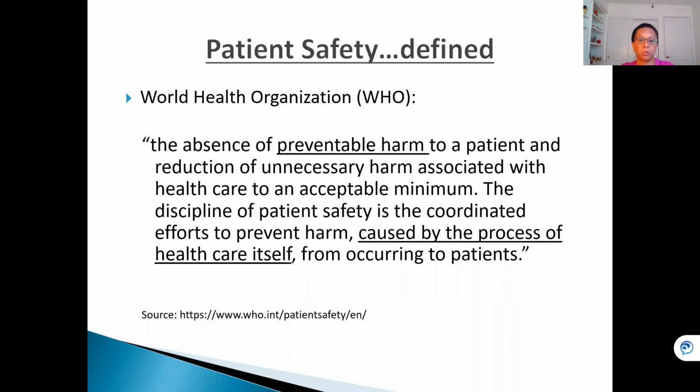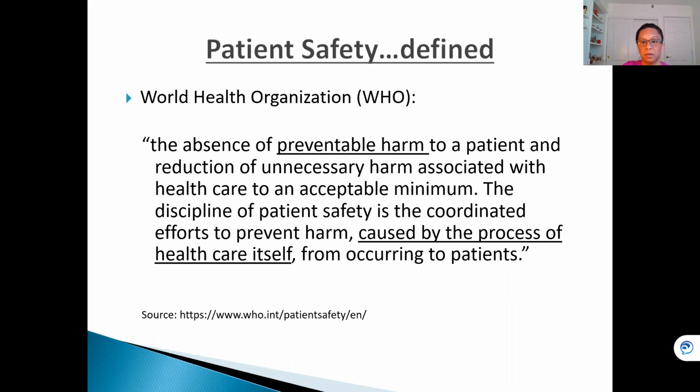And these are issues that should not have happened to begin with. So they're preventable. We're not talking about known complications of care. We're talking about something that shouldn't have happened while you were getting care, and it could have been prevented. So the focus of patient safety is, how do I identify certain issues and how do we prevent them from happening in the first place?